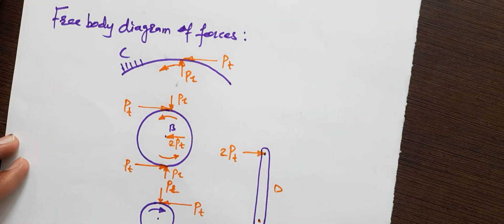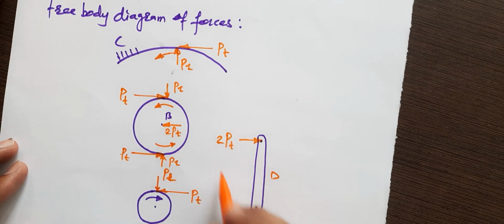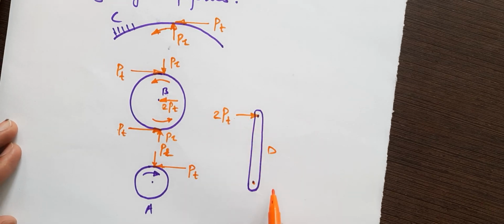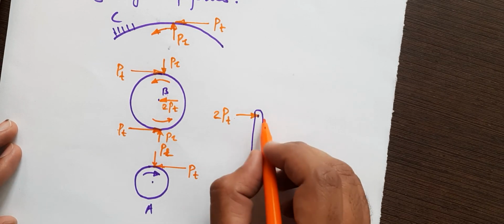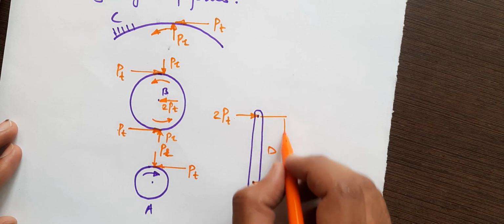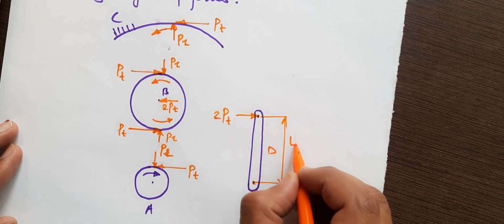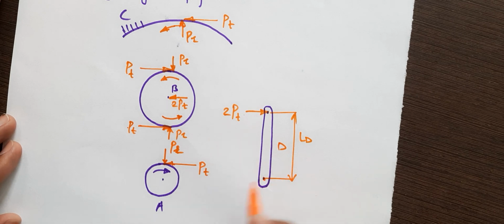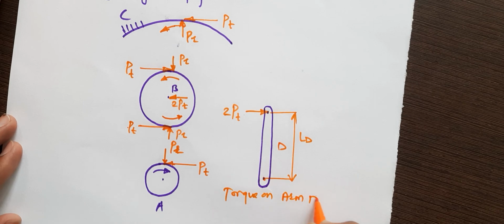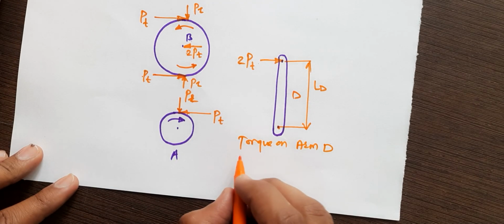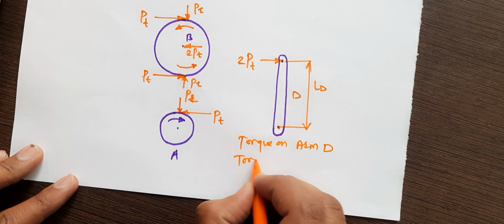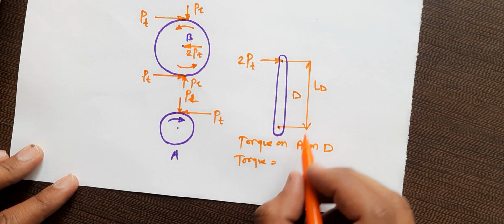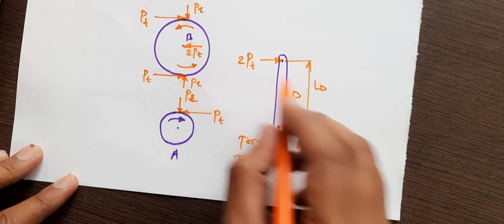Now if we want to calculate the torque acting on arm D, torque is nothing but force into perpendicular distance. The perpendicular distance is LD, the length of arm D, which we have calculated. So torque on arm D is equal to force into perpendicular distance.